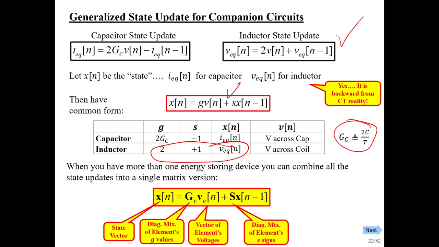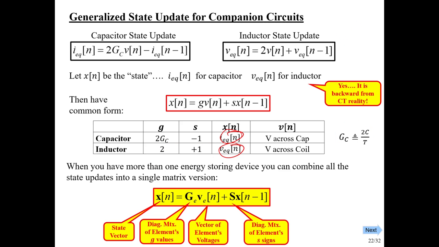So now we can stack these. If I've got a bunch of capacitors and a bunch of inductors that are non-reducible to smaller numbers, I stack them all. So I just create a state vector, and I can stack them in any order that I want. There might be an order that makes sense. So I'm going to stack them, IEQs and VEQs.